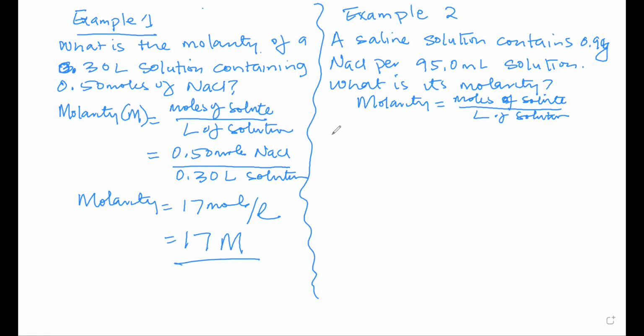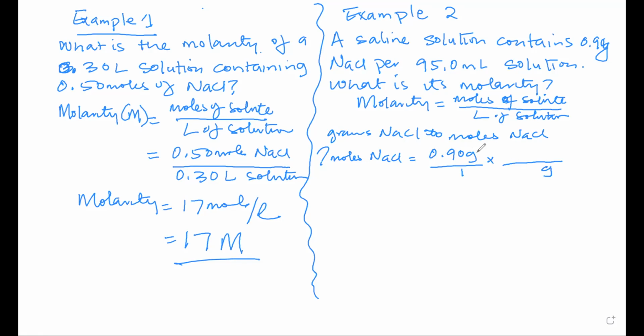So you have to convert grams of sodium chloride to moles of sodium chloride. Moles of sodium chloride will be 0.90 grams of sodium chloride over 1, times 1 mole of sodium chloride over 58.44 grams.